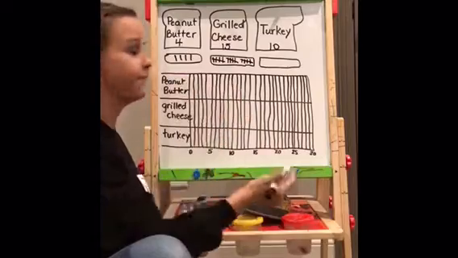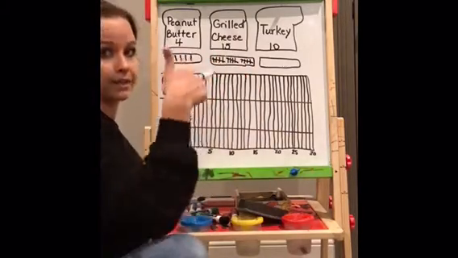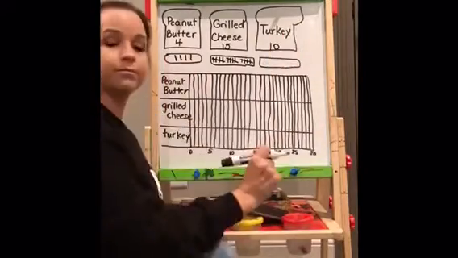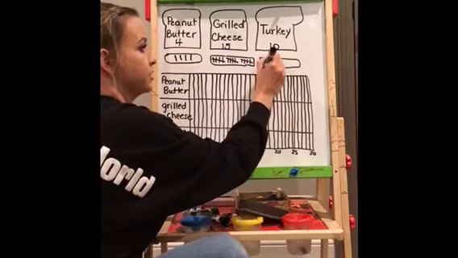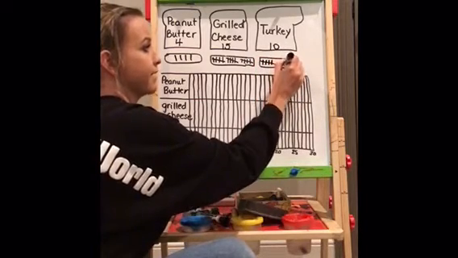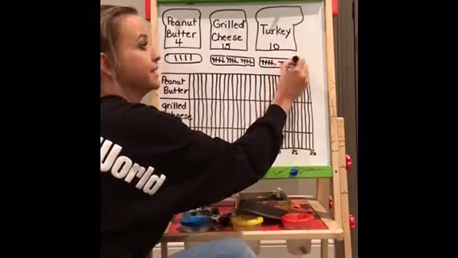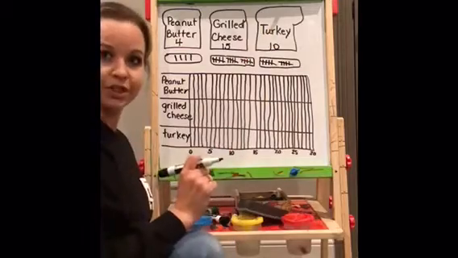Let's count them by 5s. 5, 10, 15. Is that correct? Yes, it is. Okay, and turkey. We have 10, so 1, 2, 3, 4, 5, 6, 7, 8, 9, 10. Very good. 5, 10. 10 turkey sandwiches. There we go.